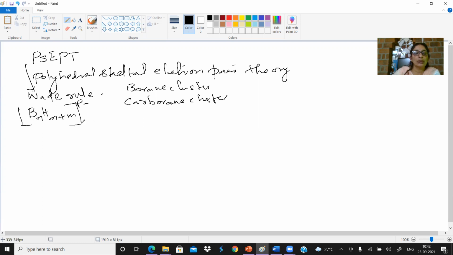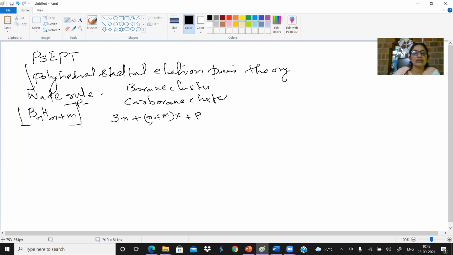Now, the total valence electrons associated with this borane will be 3n, because each boron has 3 valence electrons. So 3n plus the number of hydrogen atoms, n+m, and each hydrogen has 1 valence electron, so we write (n+m) into 1, plus the charge.